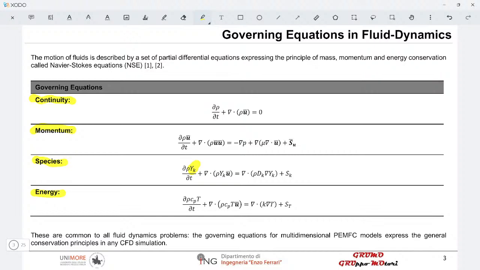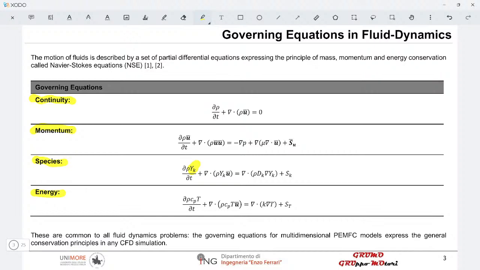It's like the fork and knife when you eat. When you want to apply CFD to solve a fluid dynamic problem, you use this kind of transport equations. And generally speaking, they all follow a common model, and the model is the generic transport equation.